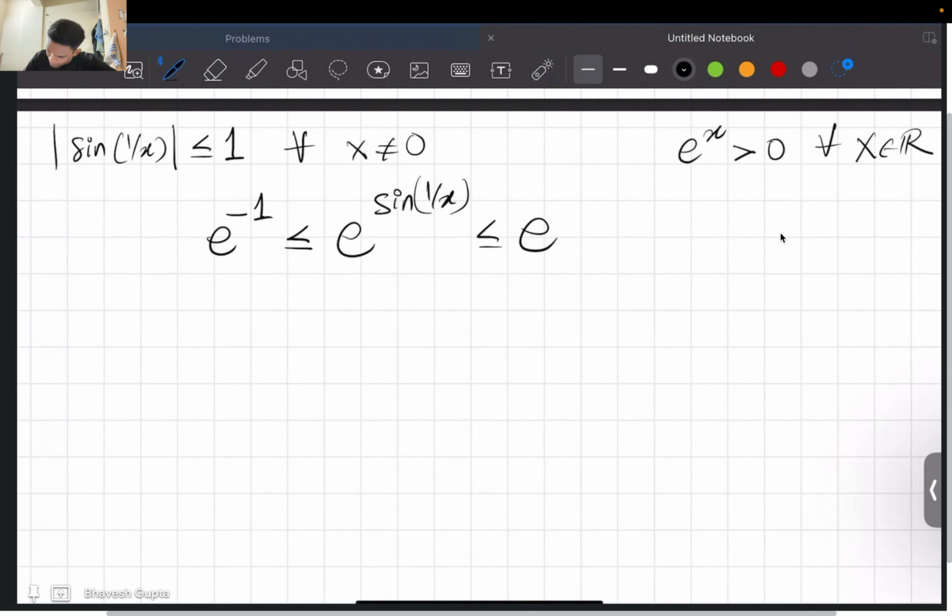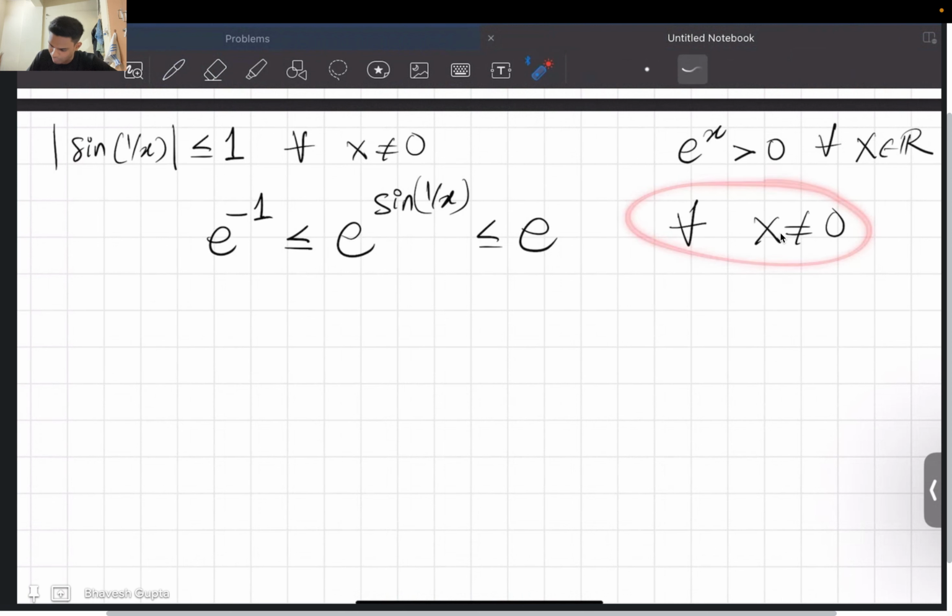For all x not equal to 0. Why are we always writing this for all x not equal to 0? Because of this sine of 1 over x, because this makes us uncomfortable.